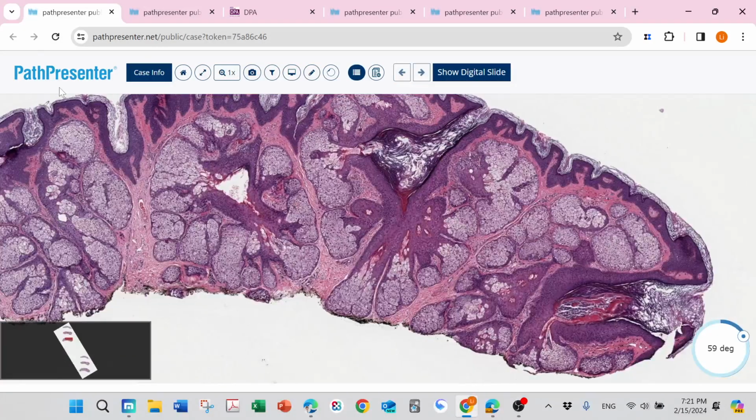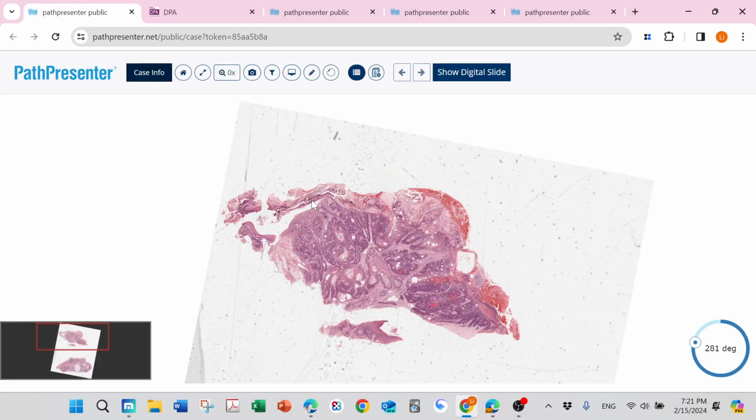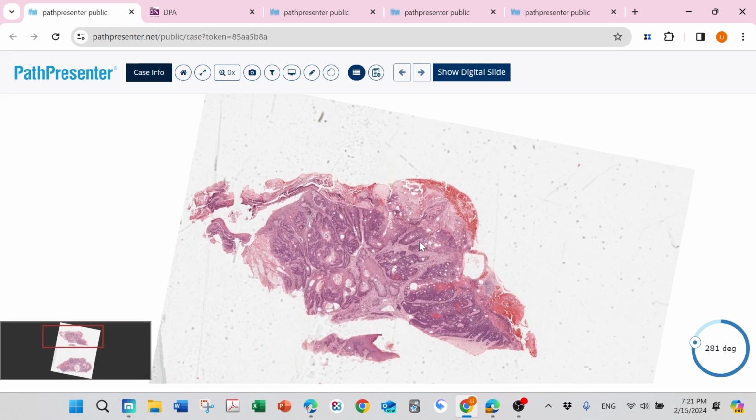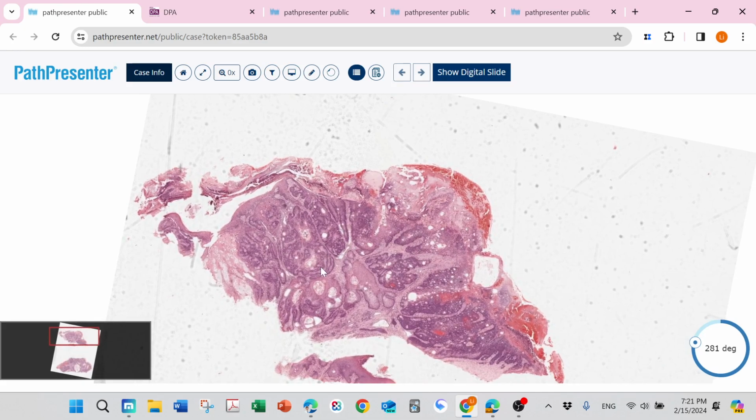And then we have sebaceous adenoma. This is sebaceous adenoma. First, we know that this sebaceous cannot just surround the hair follicle. They are everywhere.